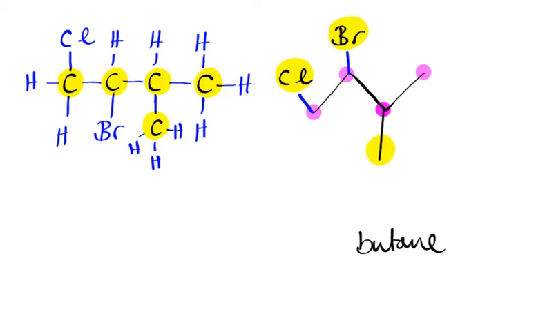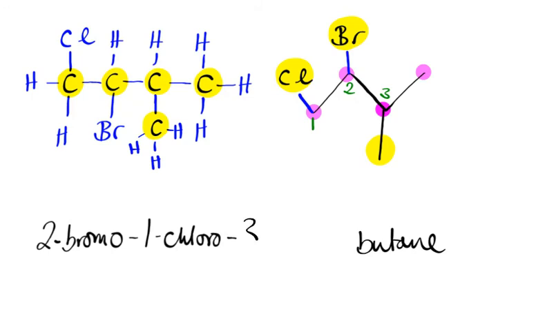So in this case, we're going to number from the left hand side. So that's going to be carbon 1, 2, 3. So let's put the name together. So we're going in alphabetical order for the groups. So bromine coming first, so that's 2-bromo. Then we've got the chlorine, so 1-chloro, and finally the methyl, 3-methylbutane.